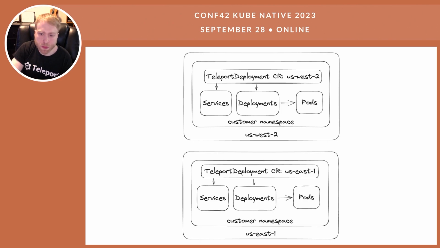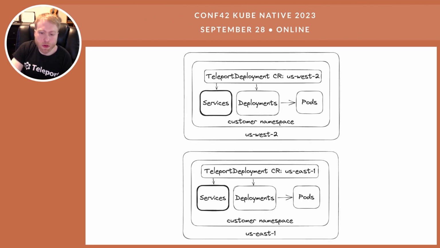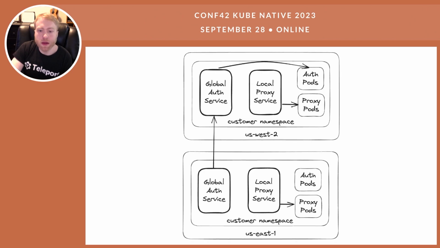To break down what that looks like, I'll show you this diagram that you saw earlier where you have the Teleport deployments in each region. If we focus on the services that get created by the Teleport controller for a second, we have an auth service and we have a proxy service, but we don't have auth running in every region. So whenever proxies need to speak to auth in US East 1, those connections get redirected to a service that has the same name that Cilium automatically provides forwarding connectivity to in US West 2.